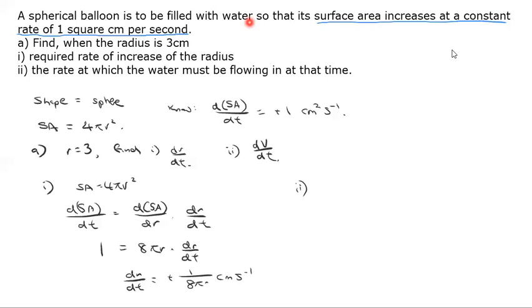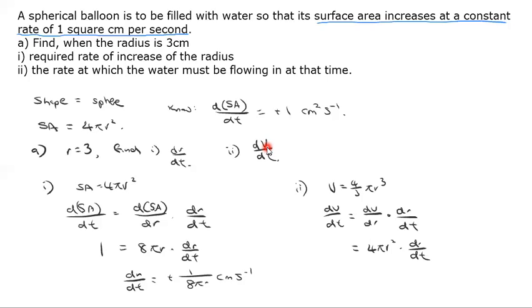Part 2, dV dt. Recognize that V equals 4/3 pi r cubed. So dV dt would therefore be dV dr times dr dt. The reason we're doing this is because we needed to find dV dt, right? And so dV dr is just going to be 4 pi r squared times dr dt.